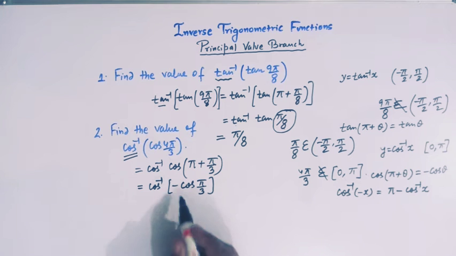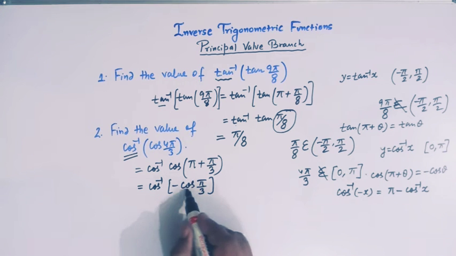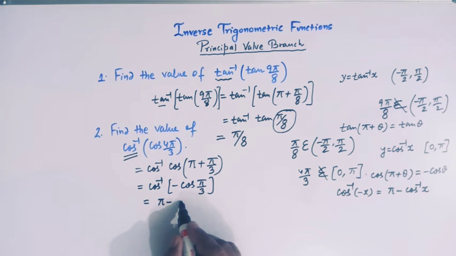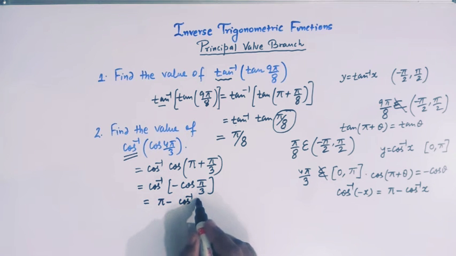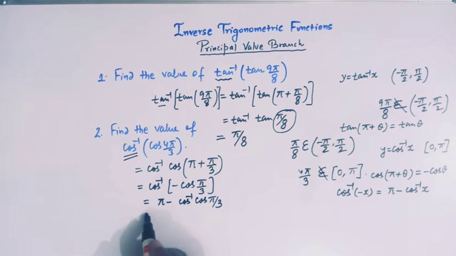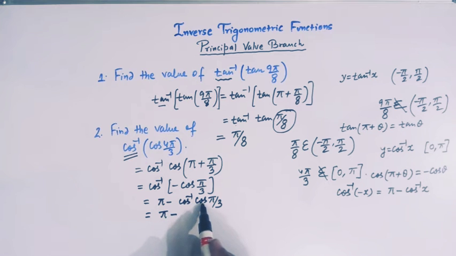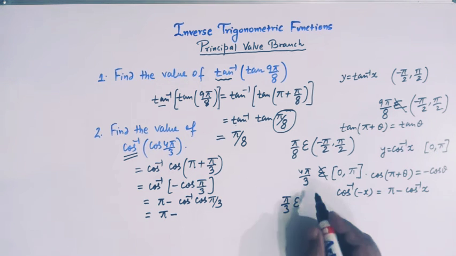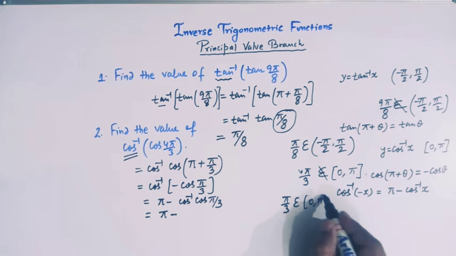So here for x we have minus cos pi by 3, so we can write it as pi minus cos inverse of cos pi by 3. Now cos inverse and cos get cancelled, because this pi by 3 belongs to this interval, that is 0 to pi.